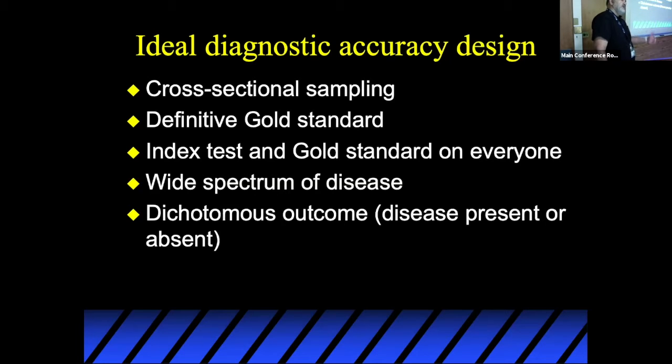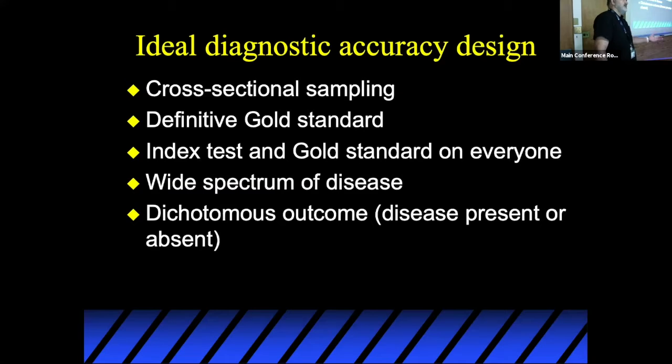When you read diagnostic accuracy papers, when the gold standard is not readily available, some people get the gold standard, some people get another reference standard. For example, some people get CTA, and if they don't get CTA, you follow them for 30 days and call them to see if they had any evidence of PE or needed to be hospitalized for PE. So there is more than one way of doing the gold standard.